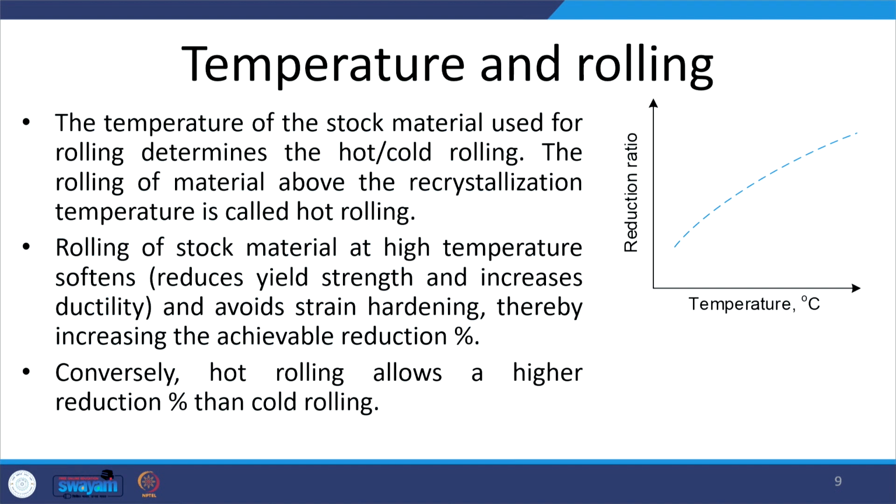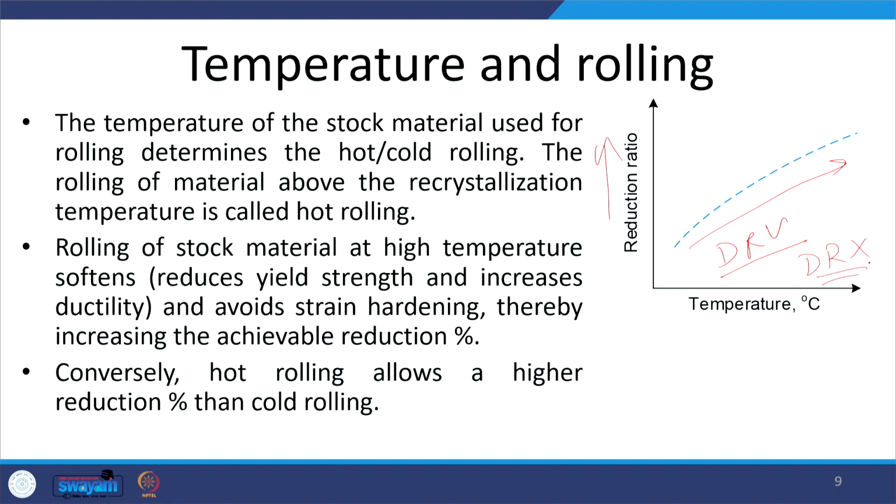The temperature of the material during rolling significantly determines the maximum reduction which is possible. This curve shows that increasing the temperature allows greater reduction. Why? Because when we increase the temperature, it facilitates dynamic recovery and dynamic recrystallization.